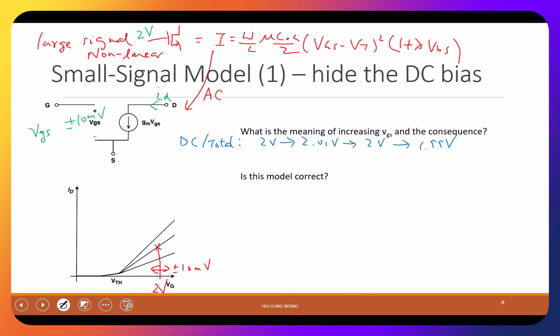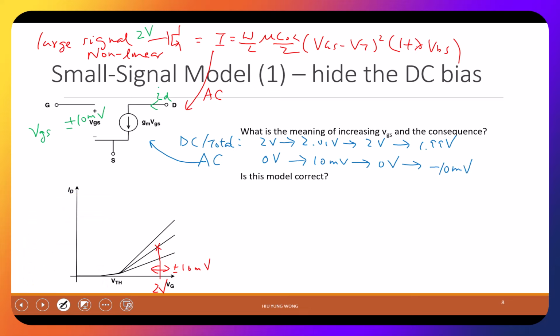This is what you really get when you measure your circuit with a voltmeter. But in the AC domain, I start with 0 volt. It becomes 10 millivolt, goes back to 0 volt, and goes to negative 10 millivolt. Is that okay?